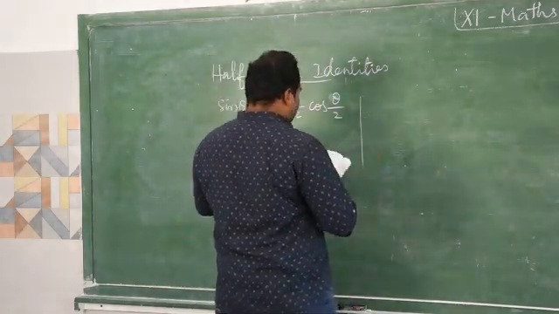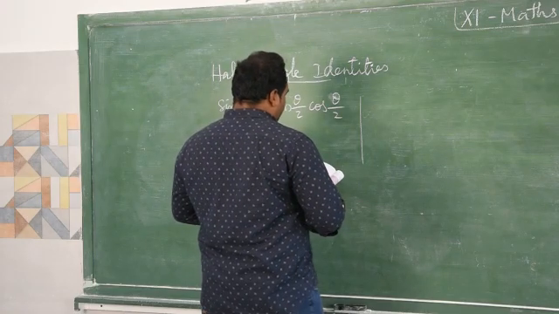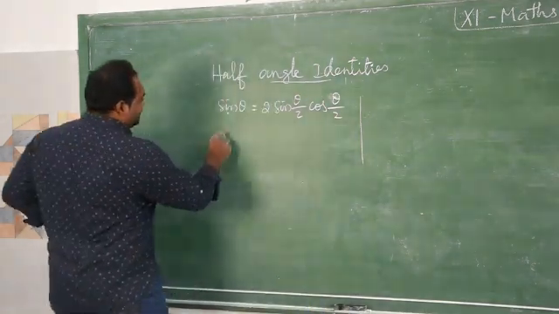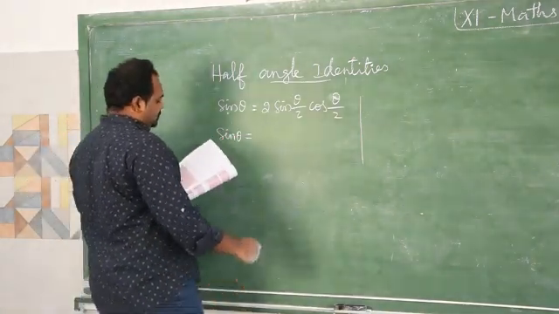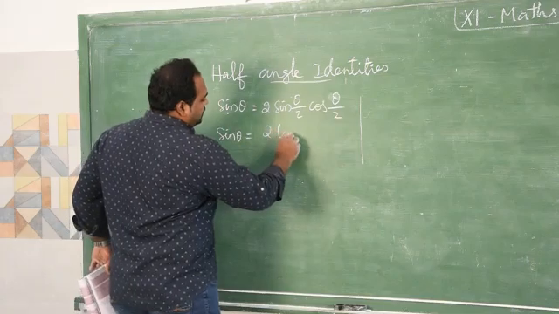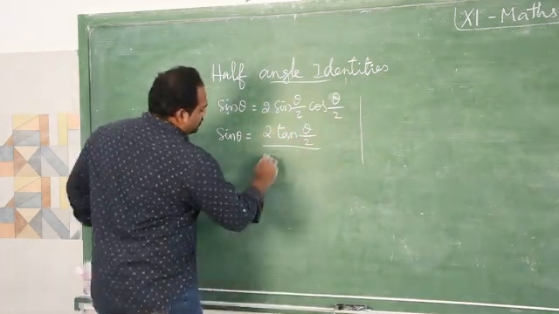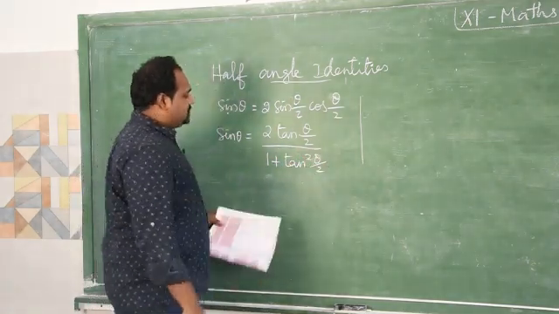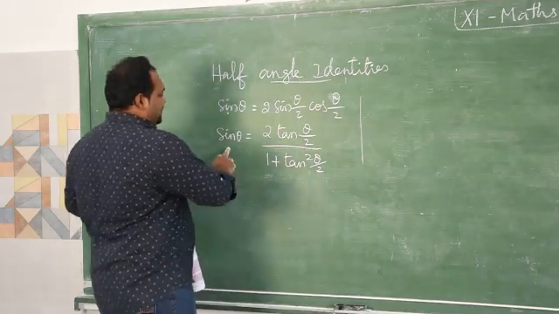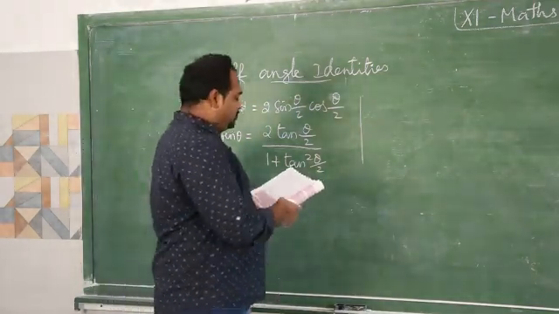For cos we have the following. In terms of tan, we have 2 tan theta by 2 divided by 1 plus tan square theta by 2. This is for sin theta when you are using the tan ratio.